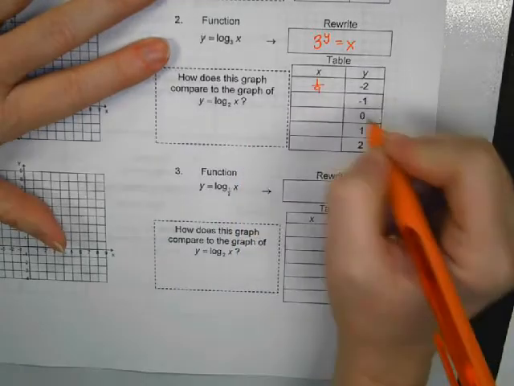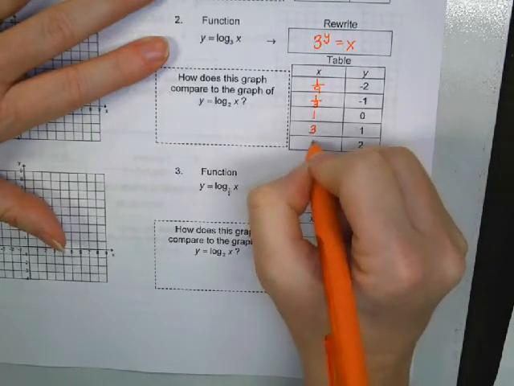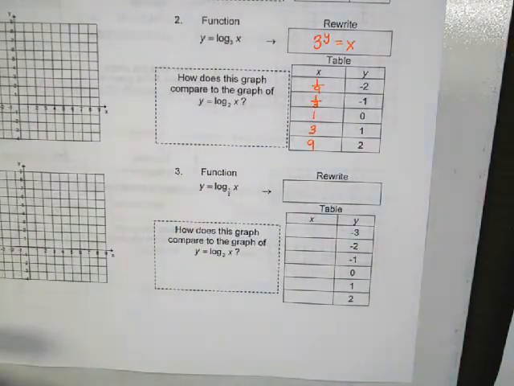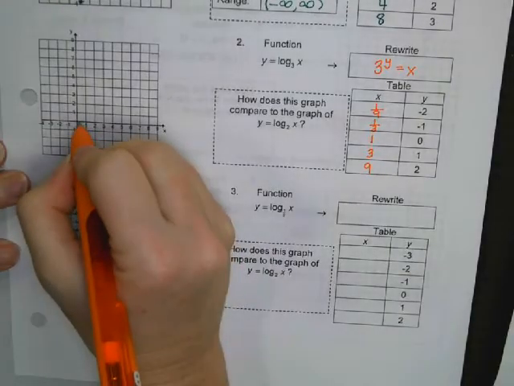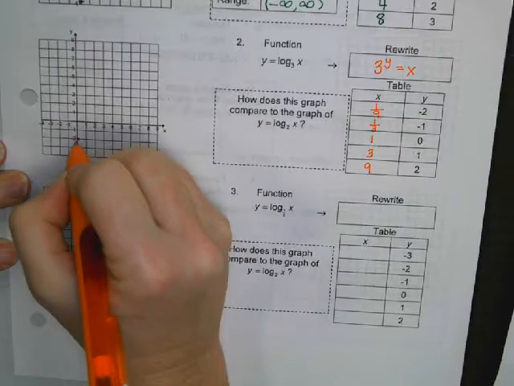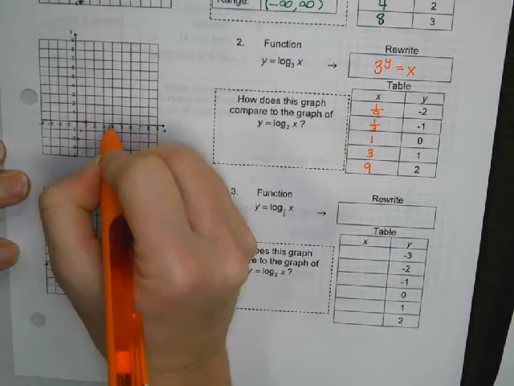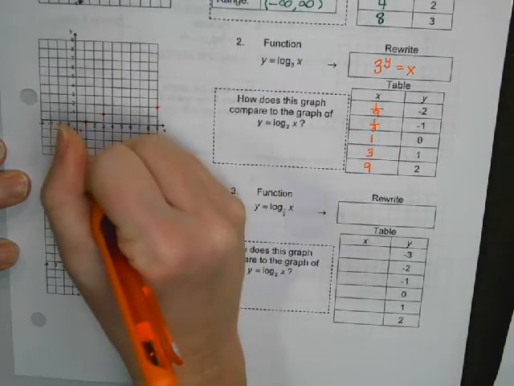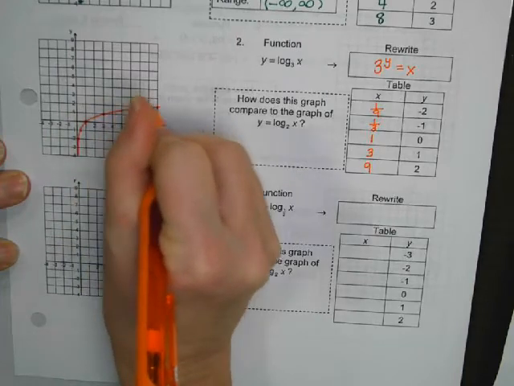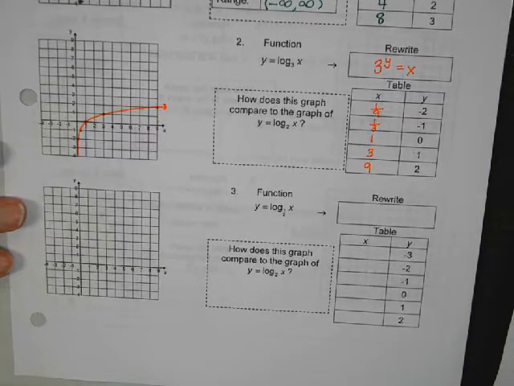Good. Now let's plot points. How does the graph compare to log 2x?